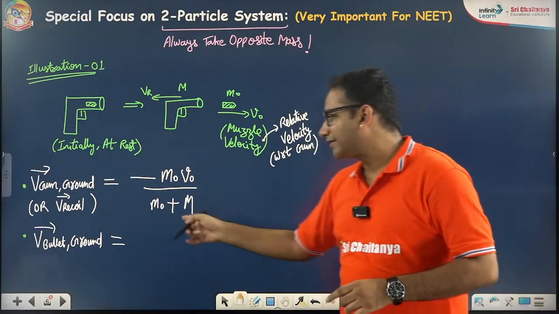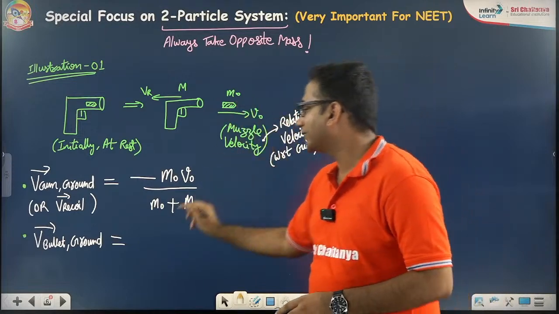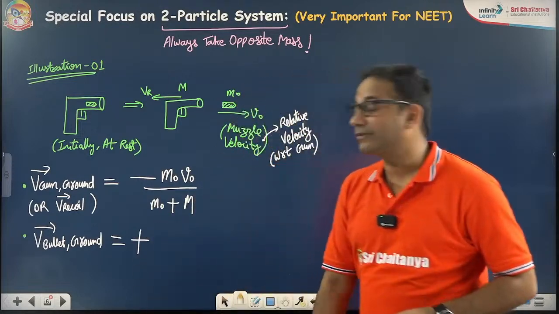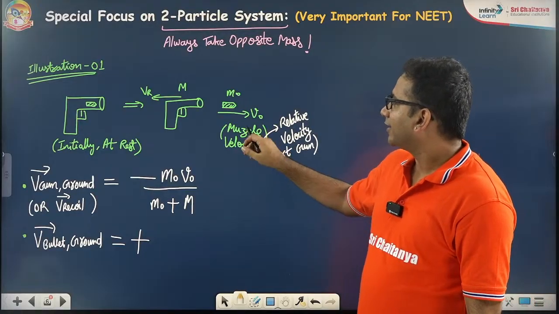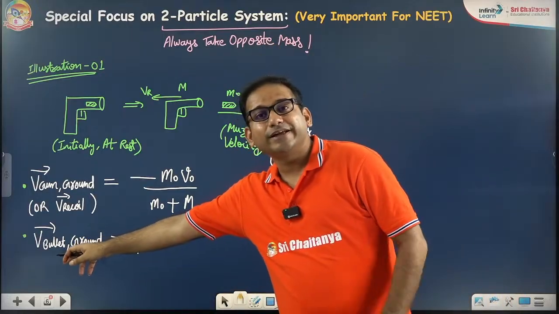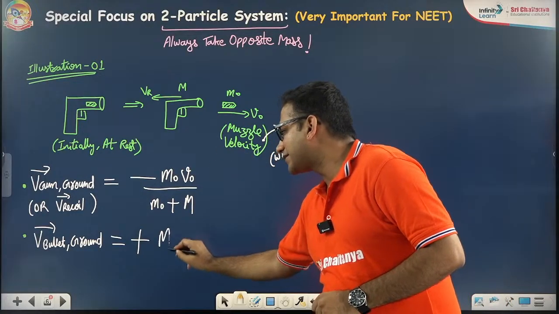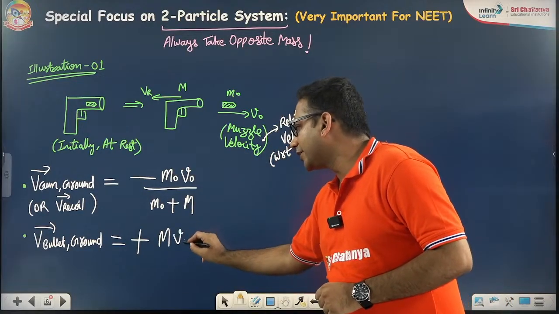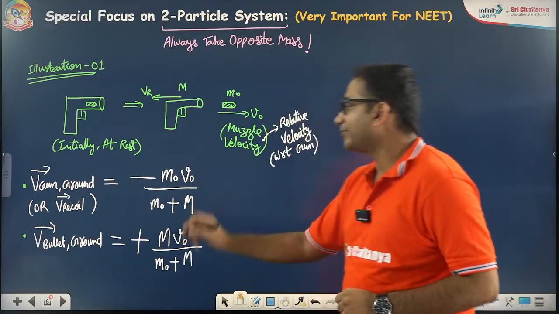Diagrammatically the bullet is moving in the forward direction, so you should write it as plus. Since you always have to take the opposite mass: whose velocity are you writing? The bullet's velocity. So whose mass is to be taken? The gun's mass, capital M, into relative velocity v naught, by m naught plus capital M.